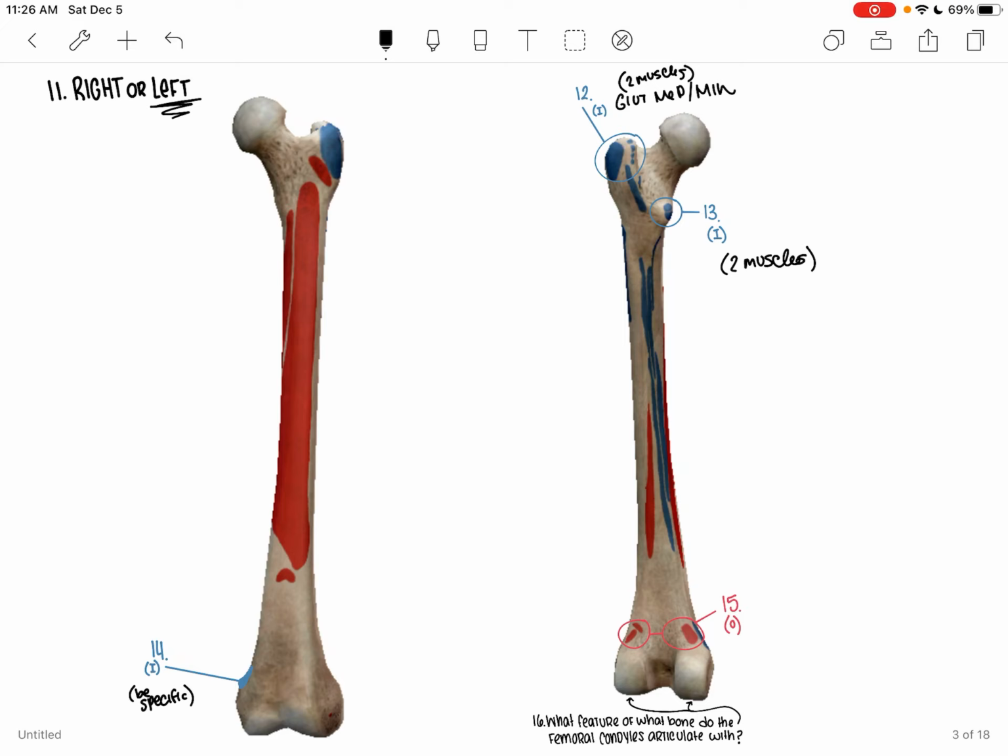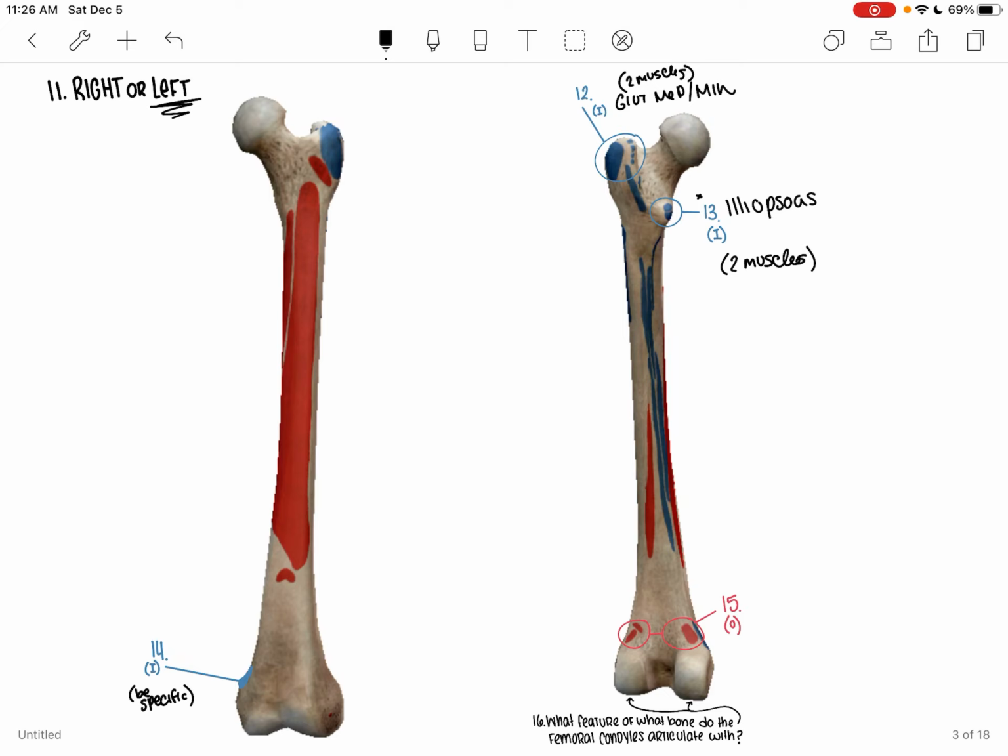That way I don't get it confused with number 13, which is going to be two muscles, or the point where those muscles come together. It'll be the iliopsoas. Or you can say iliacus and psoas major, depending on what the question is asking. If it asks for two muscles, split them up.